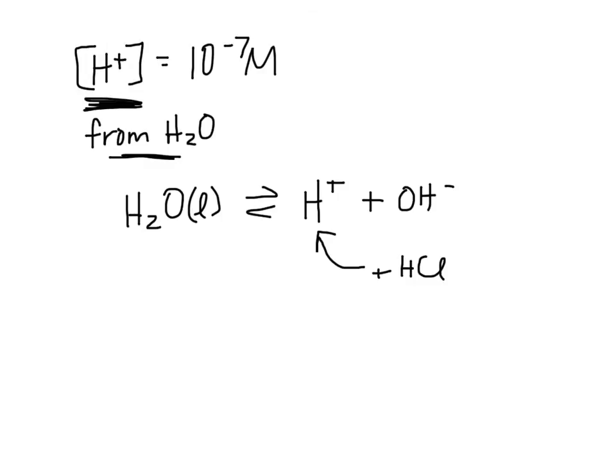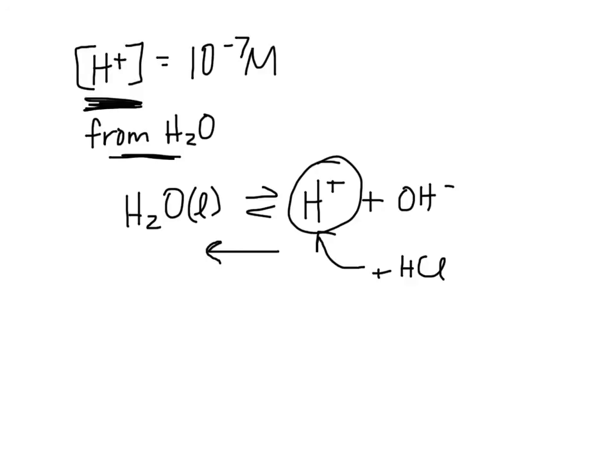it's going to shift our reaction to the left until we get back to equilibrium, which means the concentration of this produced by the self-ionization of water is going to be much smaller and really negligible compared to the concentration of the hydrogen ion that we already know is at 0.1 molar.